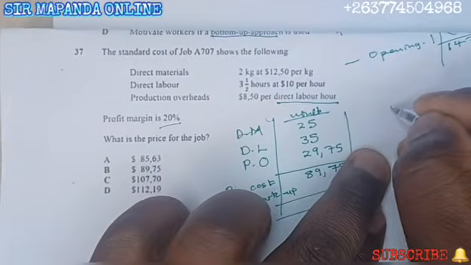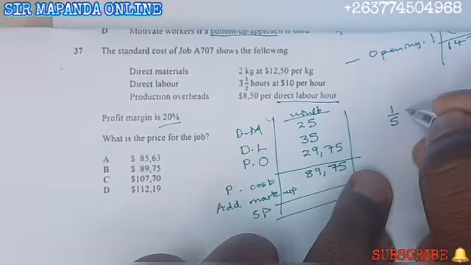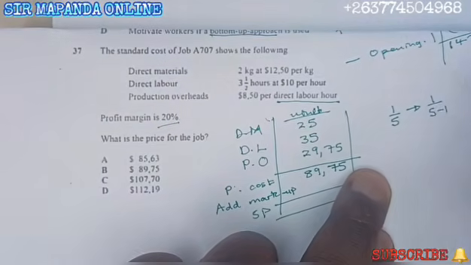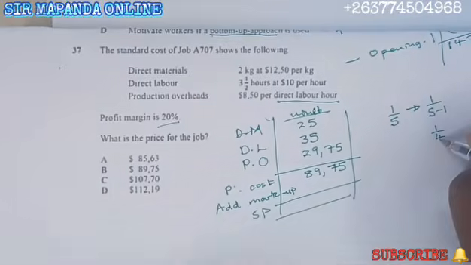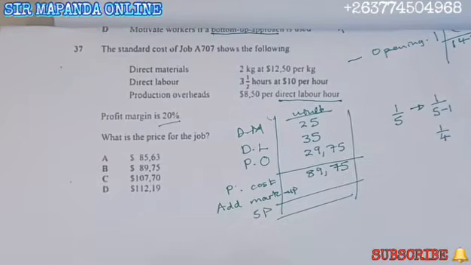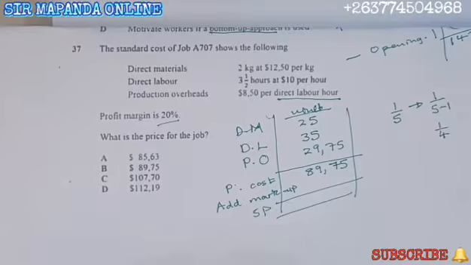So 20% means 1/5. To convert margin to markup, you subtract. So if you less 1/5, you'll be left with 1/4. So we are going to multiply 89.75 by 1/4. I hope you are following.